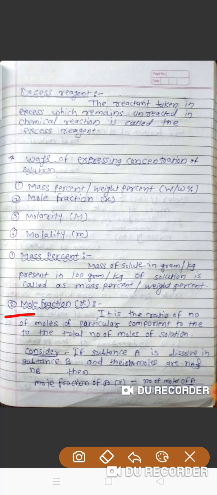Now the second way of expressing the concentration of a solution is the mole fraction, X. What is the mole fraction? Mole fraction is the ratio of the number of moles of a particular component to the total number of moles of the solution. So it is the ratio of the number of moles of any component to the total number of moles of solution.